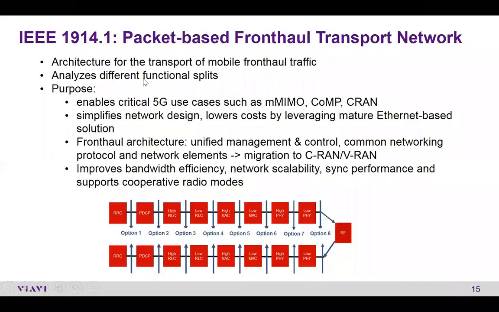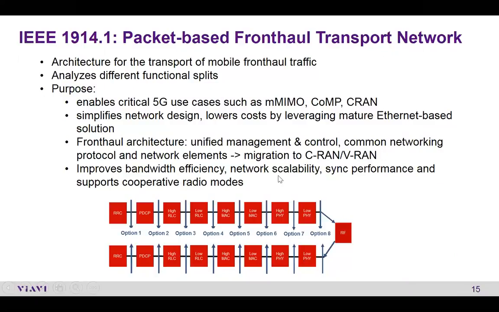Architecture is defined here for different use cases, and basically the idea is, how can I enable critical 5G use cases like massive MIMO, CoMP, C-RAN to be transported over a packet-based transport network, right?